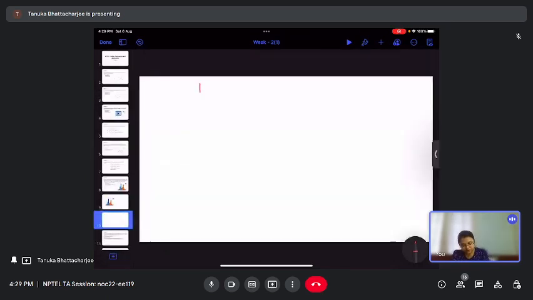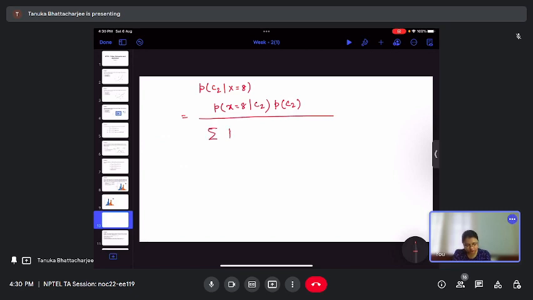The expression we will have is probability of x equal to 8 given C2 into probability of C2, divided by the summation of probability of x equal to 8 given Ci into probability of Ci, where the summation is over i equal to 1 and 2.